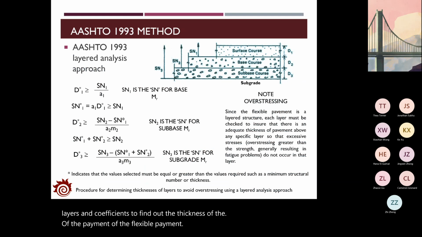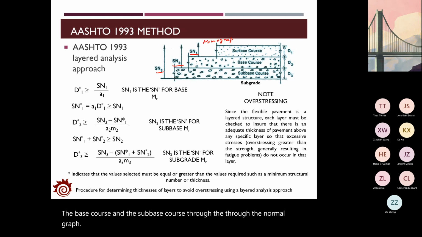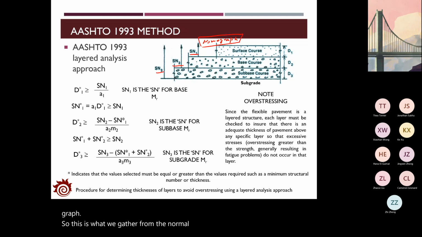So assuming that we are able to find out the structure number of the surface course, the base course, and the subbase course through the nomograph, this is what we get from the nomograph. And we want to identify the value of the thickness for each layer.